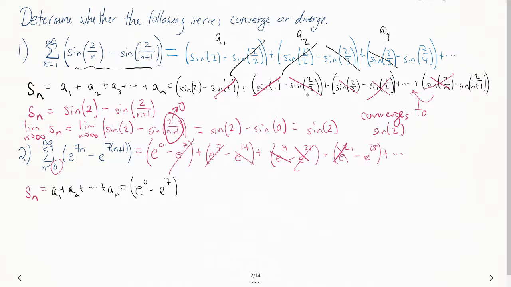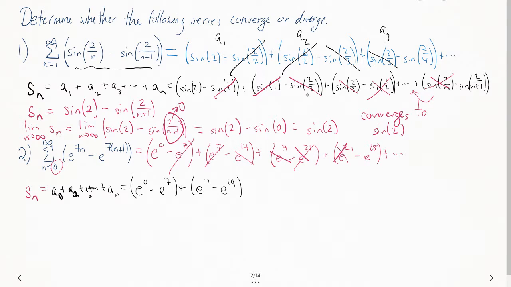That's a1 plus, here's a2, e to the 7th minus e to the 14th. So we just plugged in 2 for the n's. Or, I'm sorry, this was a0. I should clarify in this case. a0, a1 plus a2 plus so on and so forth all the way up to n.